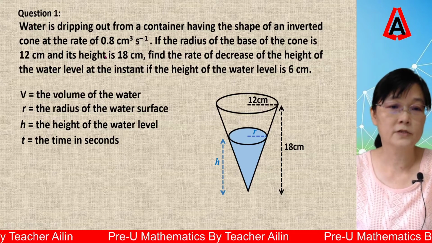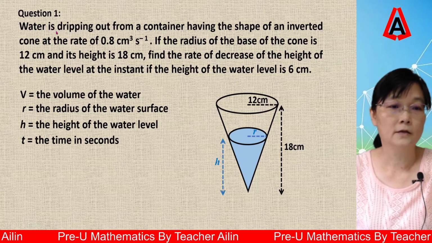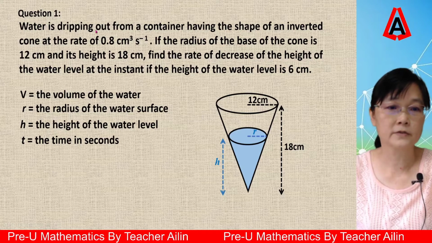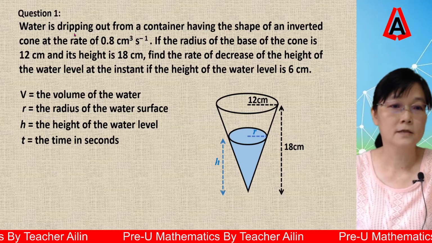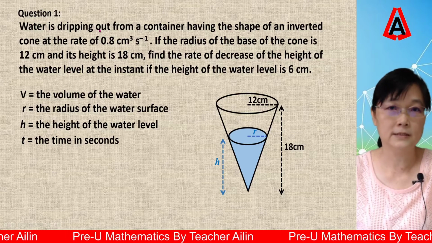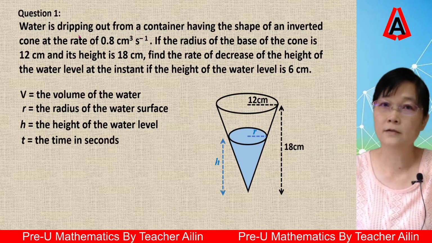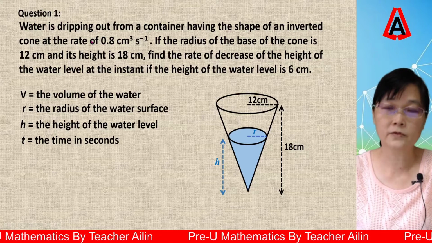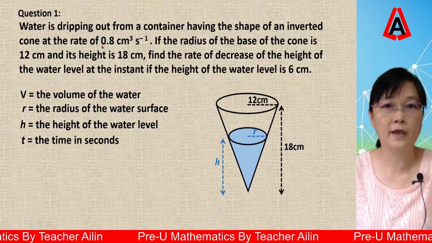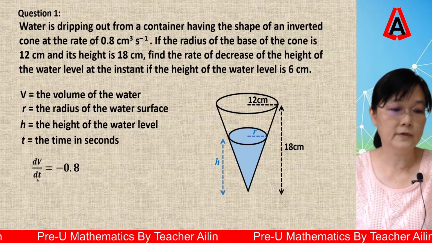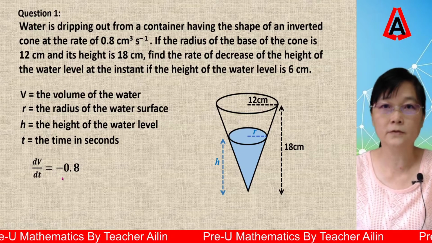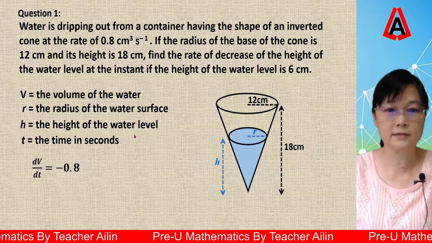From the question, we notice that the water is dripping out at the rate of 0.8 cm³ per second. So this is dV/dt. And since the water is dripping out, the value is a negative value. So dV/dt is equal to negative 0.8.